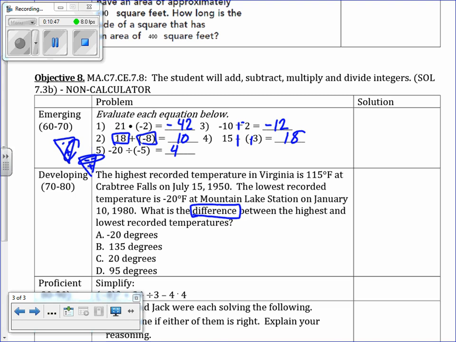Difference means to subtract. So I'm going to say 115 minus negative 20. Okay, if I do that, I'll change that to a plus positive 20. And so I'm going to get an answer of 135, which is going to be our answer B.